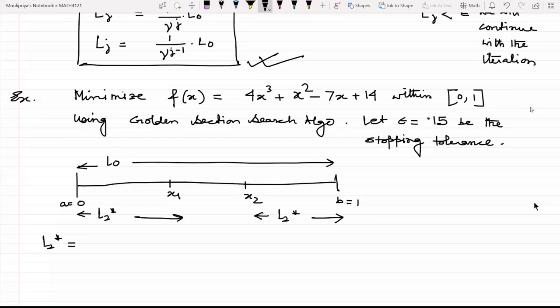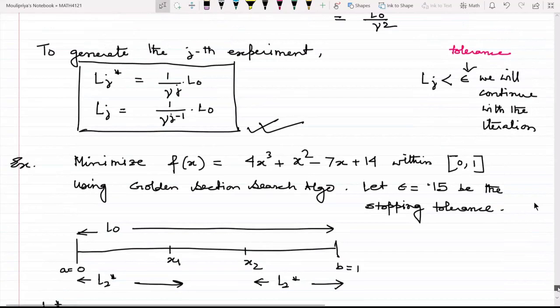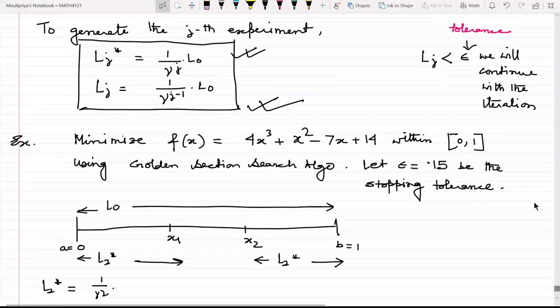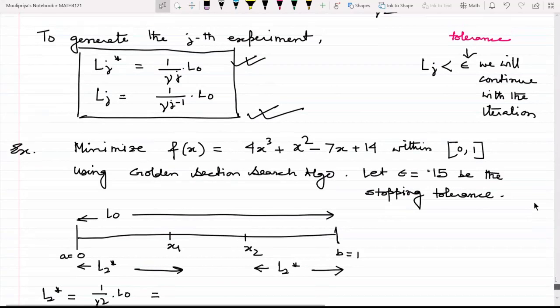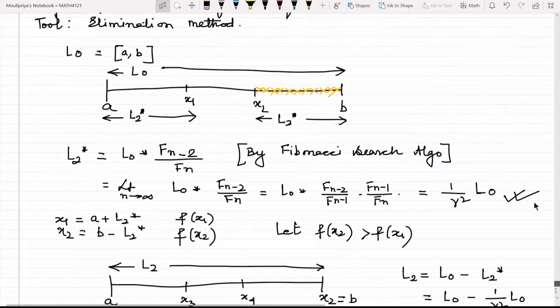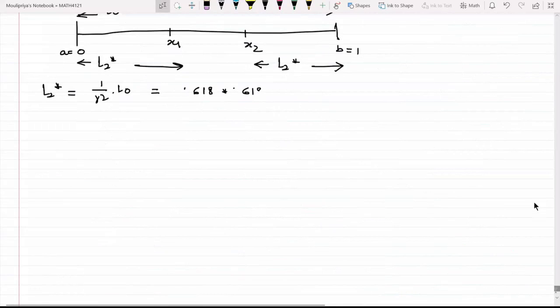What is L2 star? 1 by gamma square. Exactly. We can directly use this. It's 1 by gamma square into L0. Now 1 by gamma square implies, as I told you, 1 by gamma is 0.618. So this can directly be calculated as 0.618 into 0.618, L0 being equal to 1. The interval is 1. So tell me, what is this value equal to?